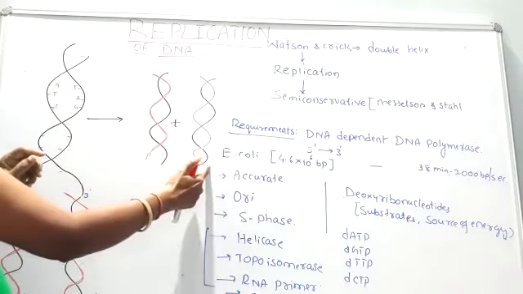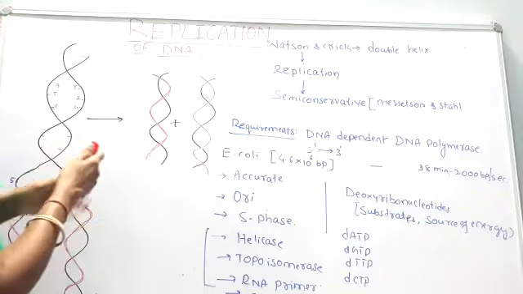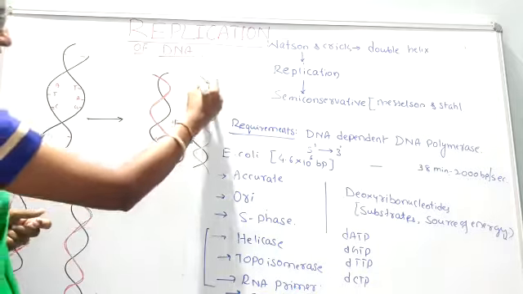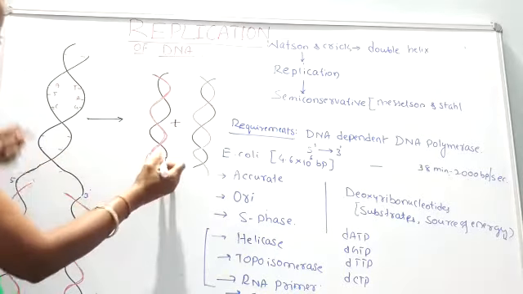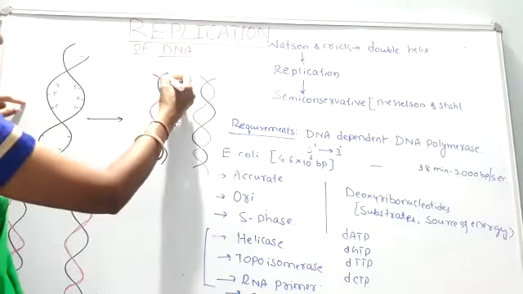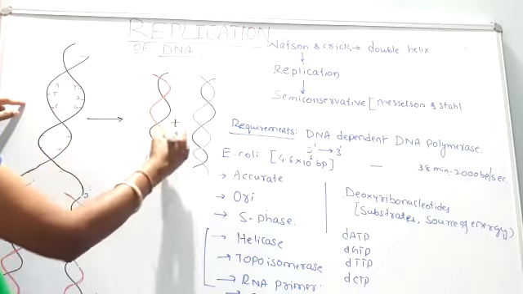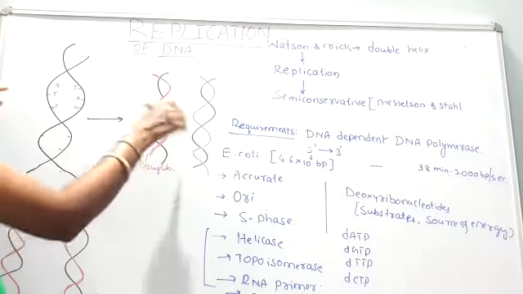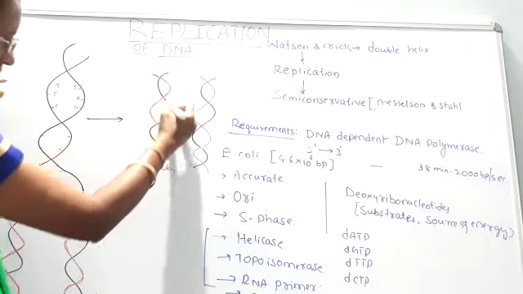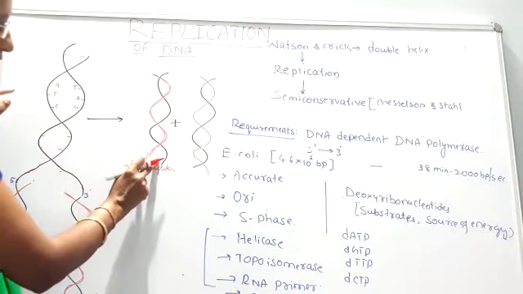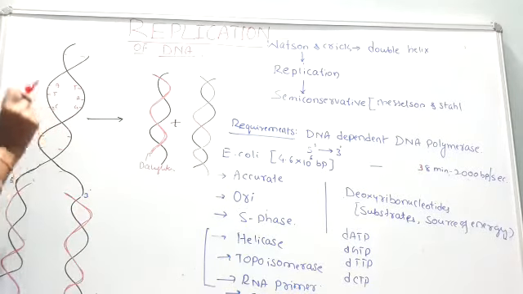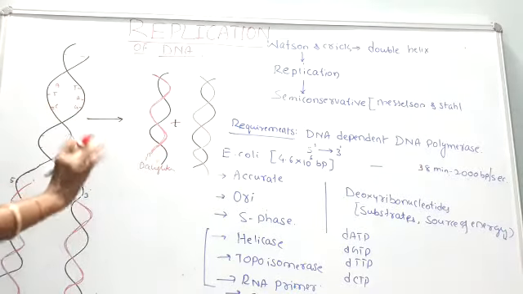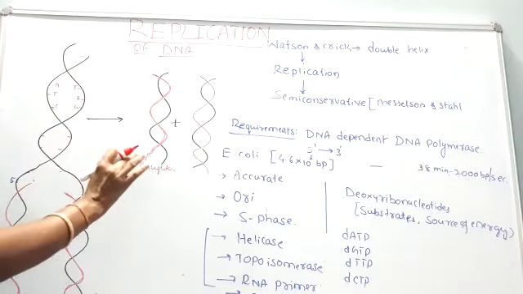But in the two daughter DNAs, one strand will be newly synthesized and the other DNA strand will be old. As you can see here, the new DNA strand is the daughter DNA, newly synthesized, and the black one is the parental DNA. It means that opposite the old DNA, a new DNA, the daughter DNA, is formed.